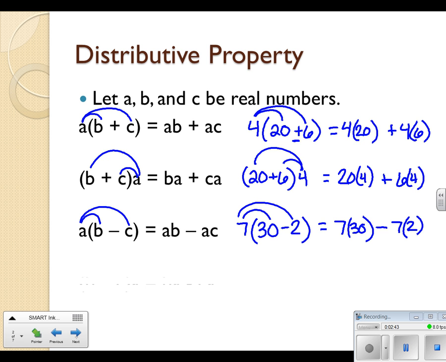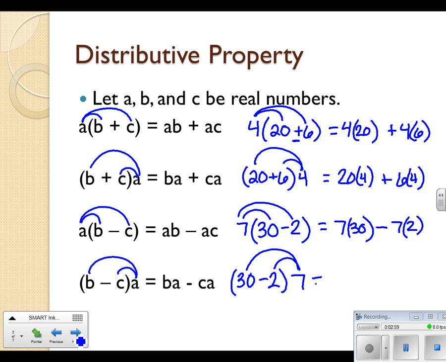And the same works if that real number is to the right, and we distribute to the B and C, and we're subtracting. So if I had 30 minus 2 with the 7 here, I'm distributing the 7. So I have 7 times 30, or if I'm consistent with how I wrote it above, 30 times 7, however commutative, that order doesn't matter, minus 2 times 7. So that's representing the distributive property.